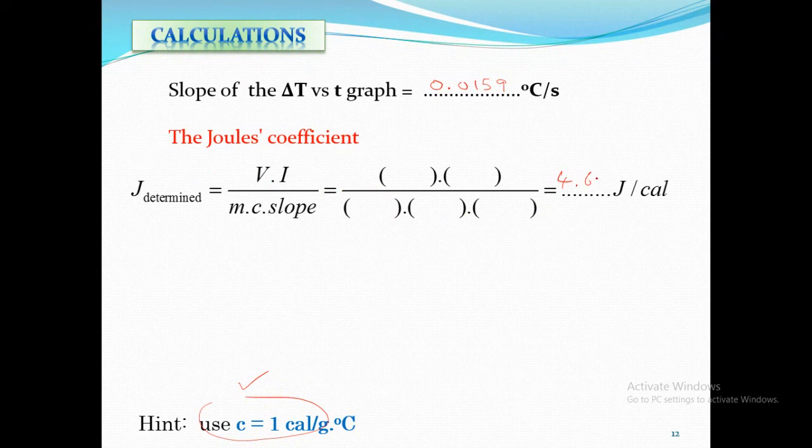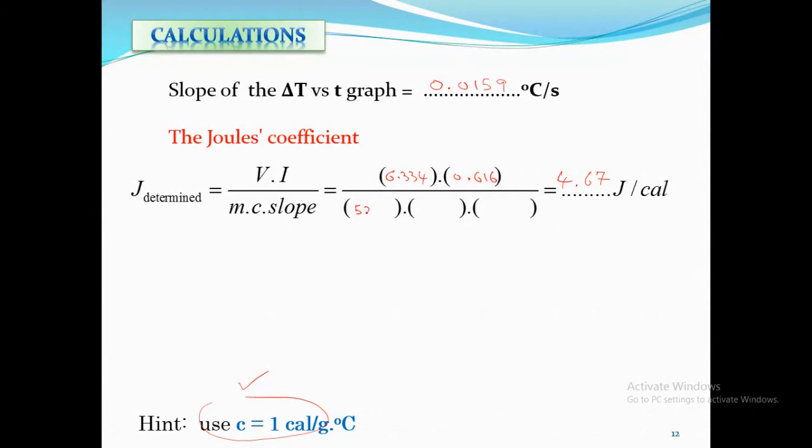4.67. V how much? 6.334. Mass how much? 52.6.